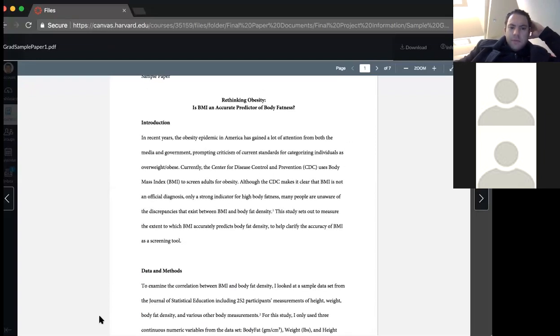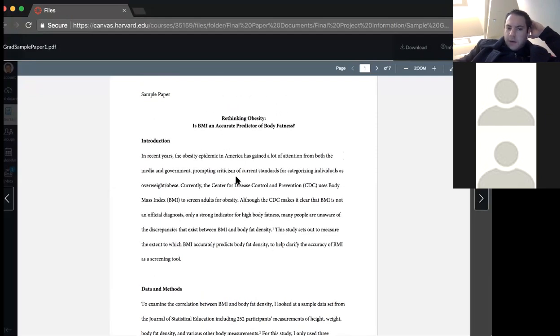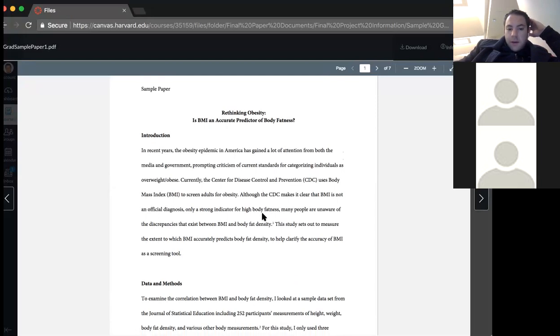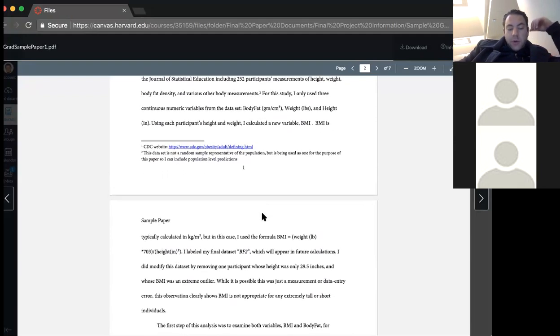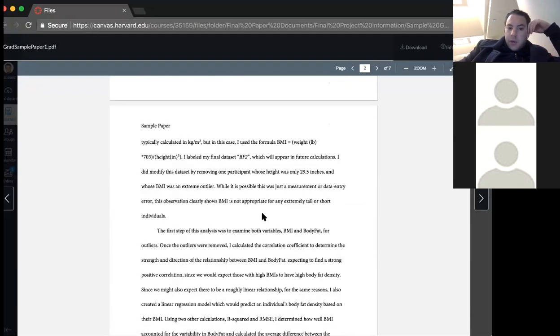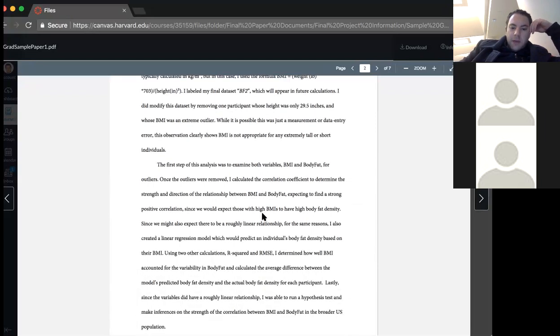We actually provided a data set on different body measurements, if you remember. So this sample paper looks at BMI and whether it's an accurate predictor of body fat. It's definitely an interesting research question, and it uses one of the data sets that we provided.